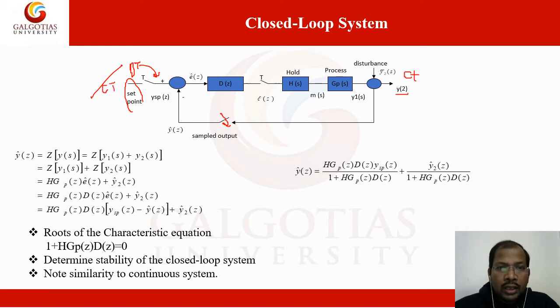Here you can see the output can be written as the Z transform of Y1 plus Y2. Y1 is the process output, and this is the disturbance.